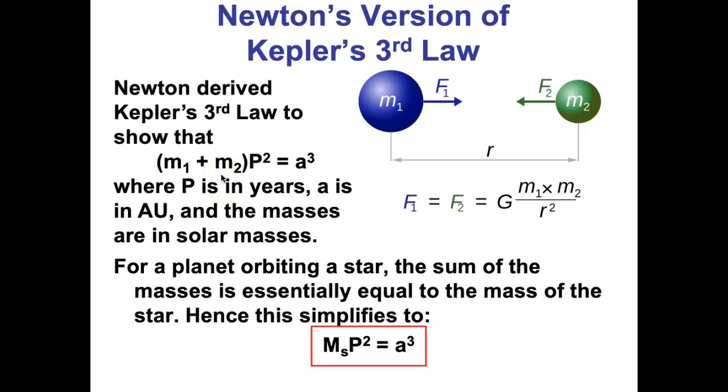Tiny, right? Some tiny number. So m1 plus m2 is 1 plus not much. 1 plus 0 equals 1. So if you're talking about planets orbiting the sun, m1 plus m2 is just 1. So 1 times p squared is p squared. You've got p squared equals a cubed back again.